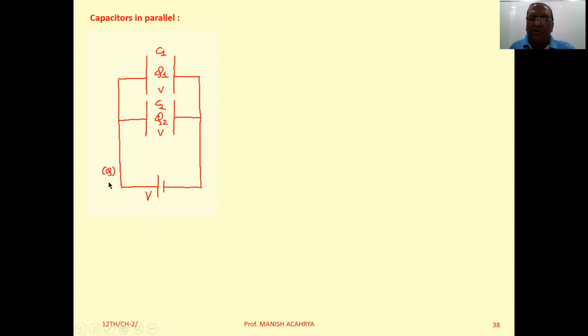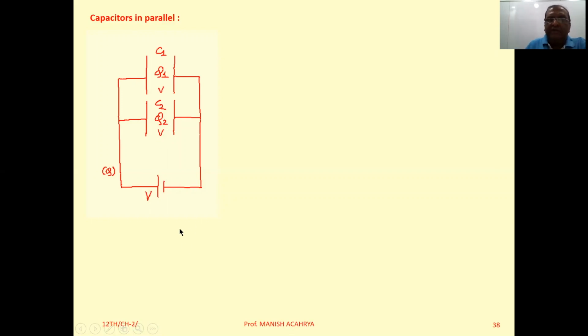Suppose here a total Q amount of charge is supplied by the battery, then that charge will be distributed on these two capacitors. Suppose the charge on the first capacitor having capacitance C1 is Q1, and the charge on the second capacitor having capacitance C2 is Q2.